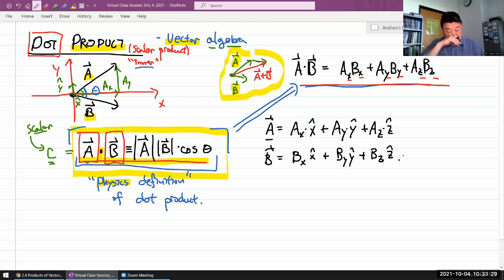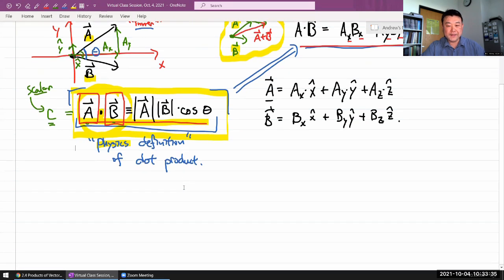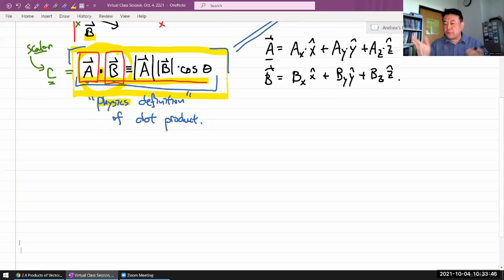And I guess I should just do the product. This is the product I have. Let me just multiply A and B. I hope there's a little bit of confusion, like, how do you multiply vectors?